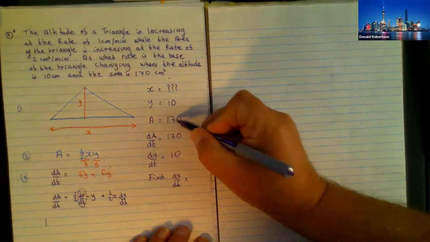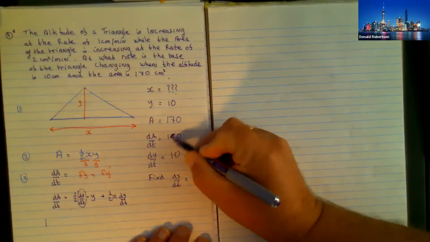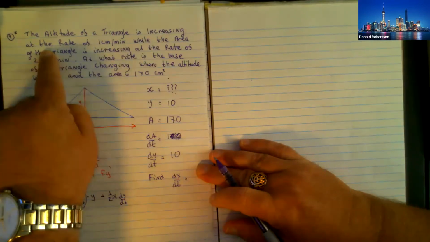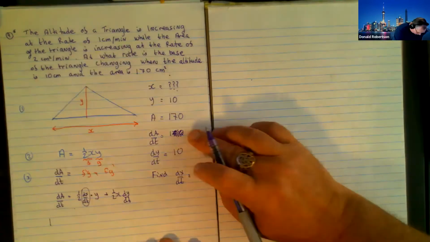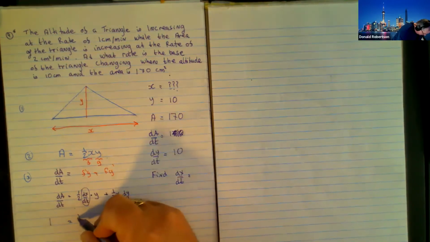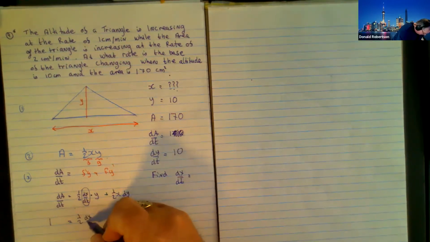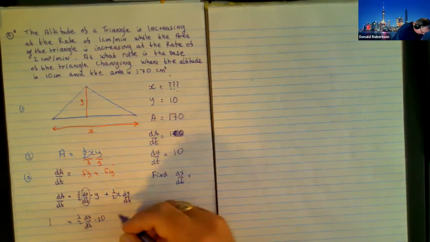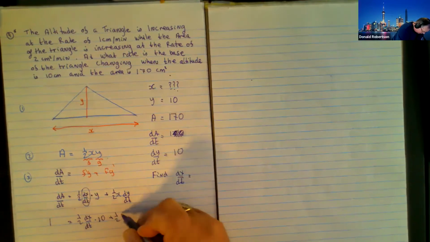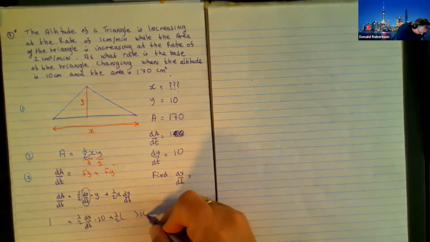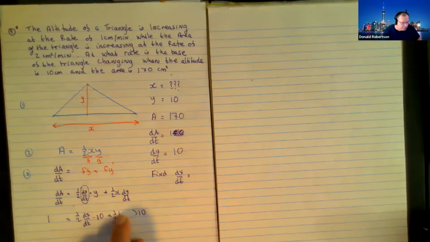That's not 170. The rate at which the area is increasing is 1. Okay, so that's 1. Now, I know that guy is 1. I don't know that guy. I know y is 10. I have 1/2, x is missing for a little while, times 10. Do you see why I need to know x? Right, I need to know that number.